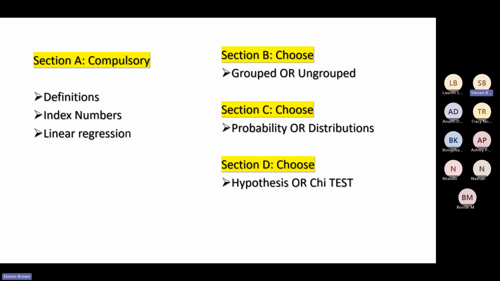What I've done this time is I've gone through very slowly in terms of your probability and your distributions. And let me remind you again so that you can make a considered decision. Do you go the probability tree and the frequency table and permutations and combinations, or do you go binomial, Poisson, and continuous?